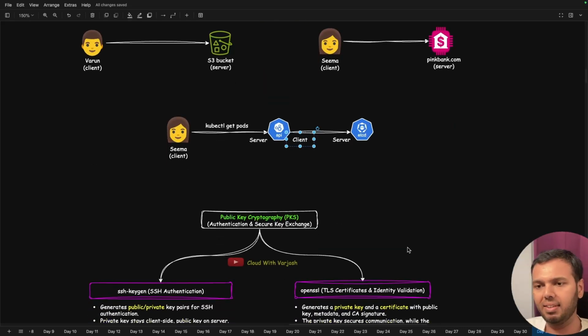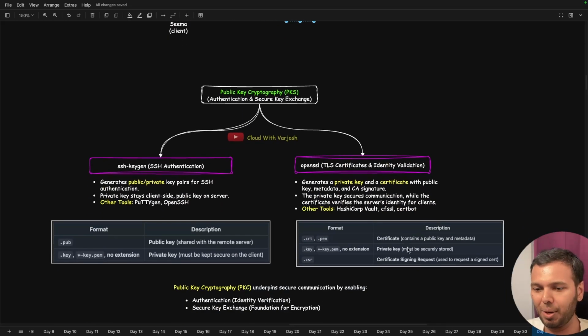Now let's see public key cryptography. Public key cryptography is widely used by application layer protocols for security and secure key exchange. And these protocols are not just limited to SSH and HTTP.